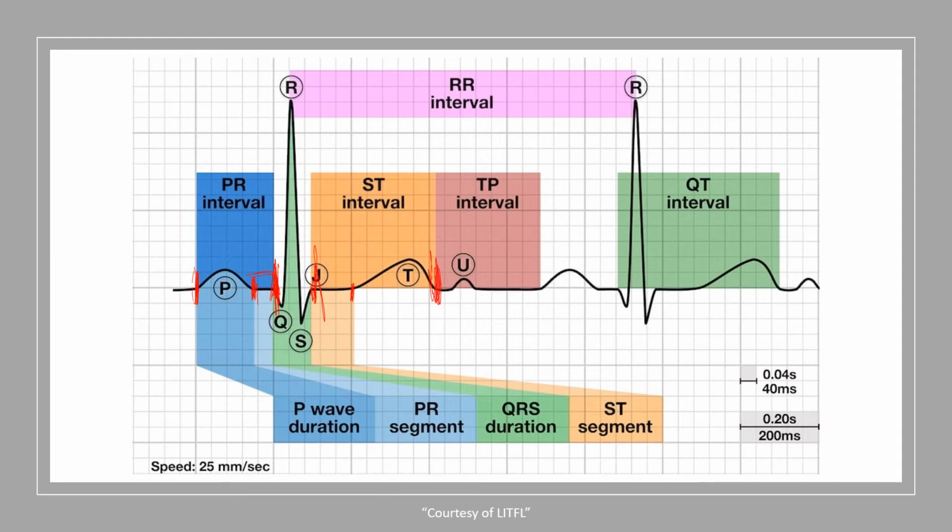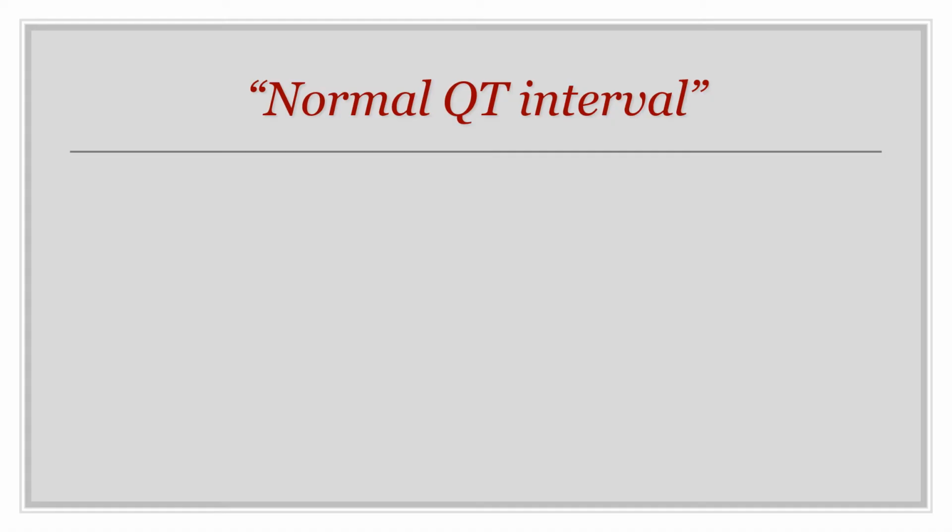Cool, let's move on. So what's normal in terms of the QT interval? Well, to be honest, the numbers vary. It depends upon the age because they change with age, and they change depending upon whether you're male or female. And to my simple ED brain, the numbers that keep changing are really tricky to remember, and I can't really keep them in my head.